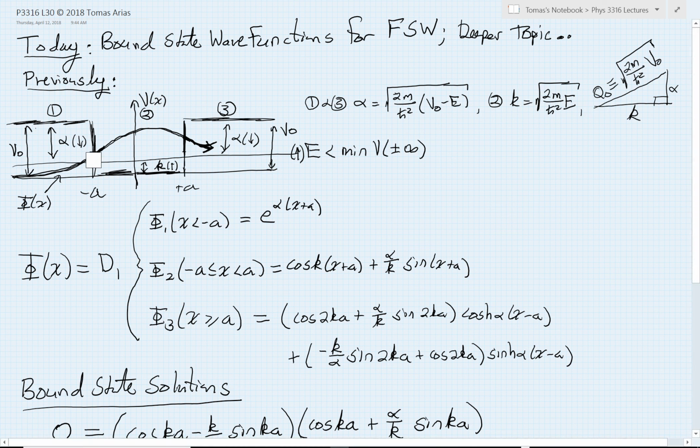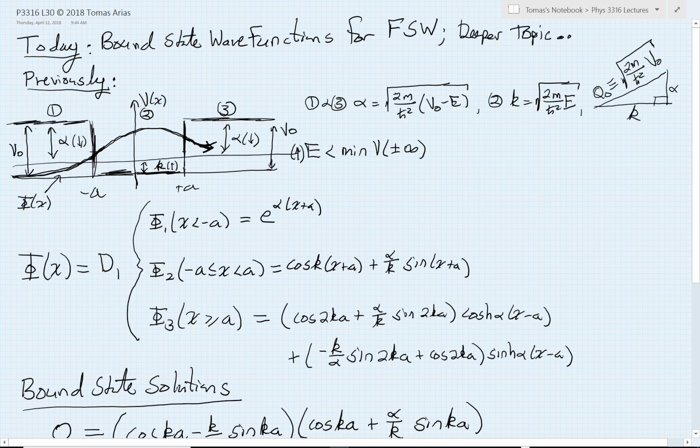We then attached our wave function onto this predetermined growing exponential, matching slope and value, which gives us sine and cosine solutions with exactly determined prefactors from matching that boundary condition, and likewise as we then went off into region 3.